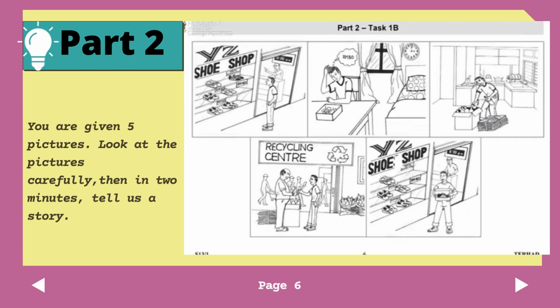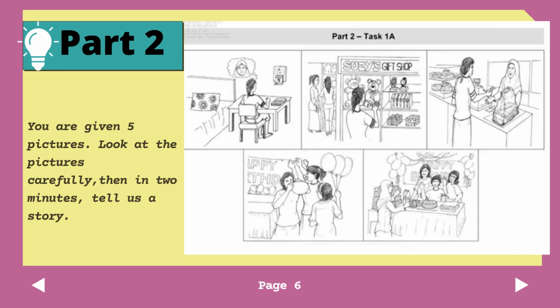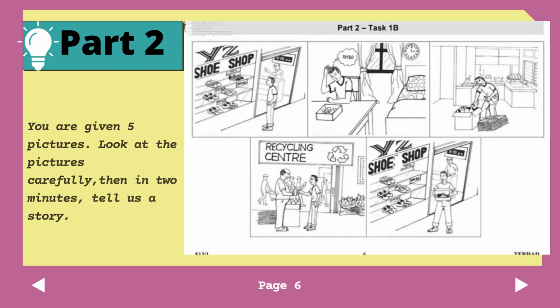Here is another one. I want you to look at the pictures here. This is the same as the previous one, because we have part 2 task 1A and part 2 task 1B.